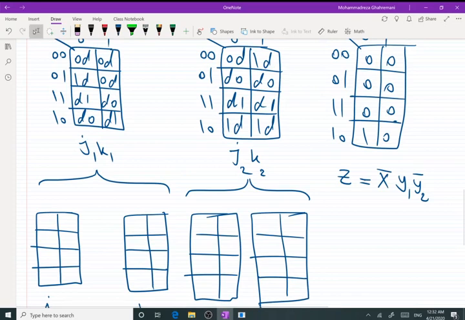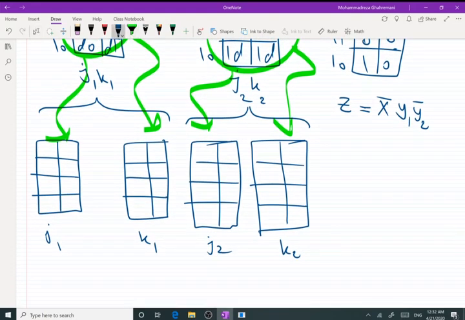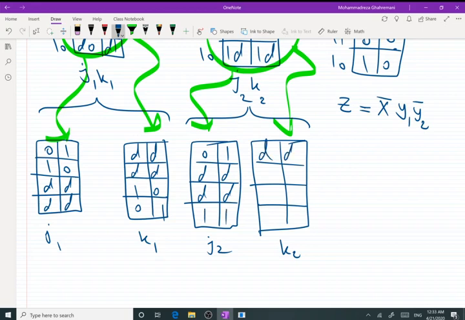We insert the first digit of these cells into the J1 table, the second digits into K1, the first digits of the second table into this table, and the second digits of the second table into this table, and we will have 0, 1, 1, 0, DD, DD for J1, DD, DD, 1, 0, 0, 1 for K1, 0, 1, DD, DD, 1, 1 for J2, and DD, 0, 0, 1, 1, DD for K2.